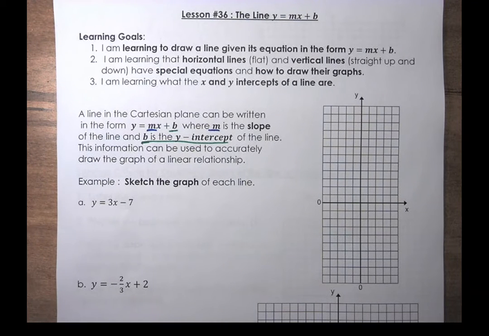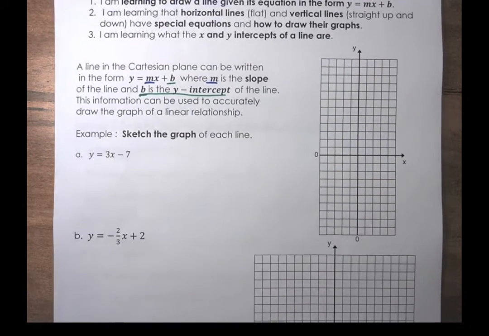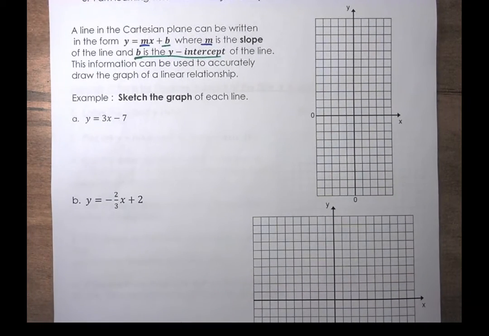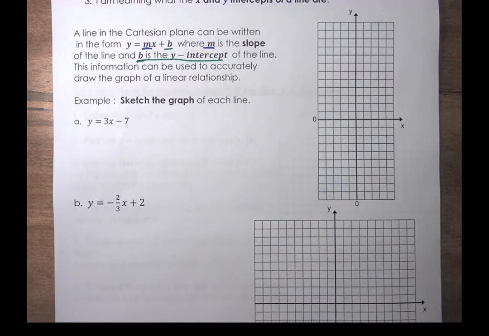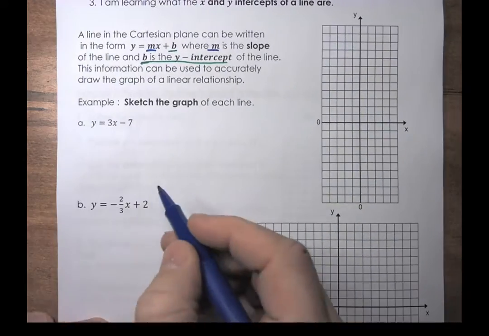This information can be used accurately to draw that line, and by just identifying the components of your equation, you can sketch those lines really easily. But it's important to identify which is which.